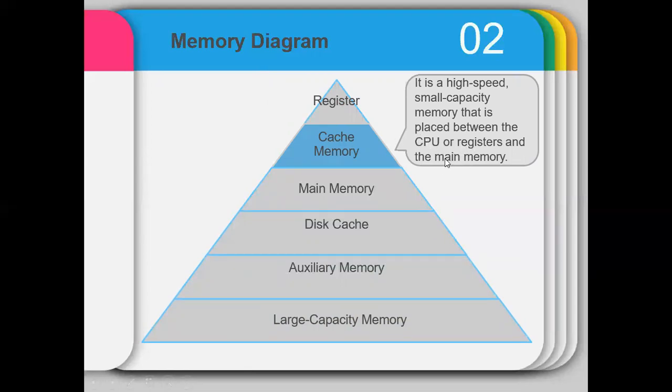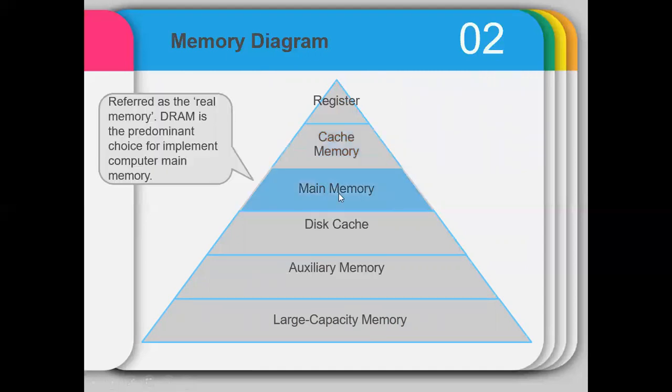For multitasking, a memory needs a temporary storage to function as fast as the CPU. For that reason, we are using a cache memory. So this cache memory resides between the CPU and the main memory, or maybe the registers, right?